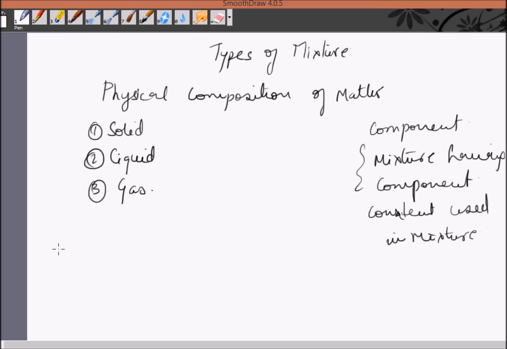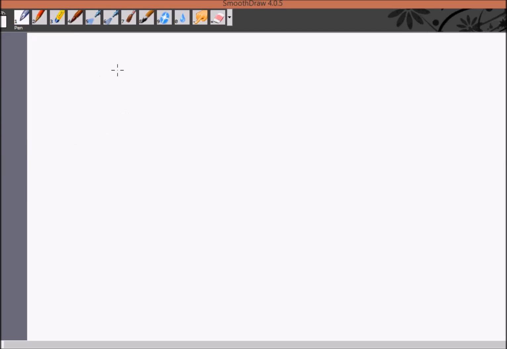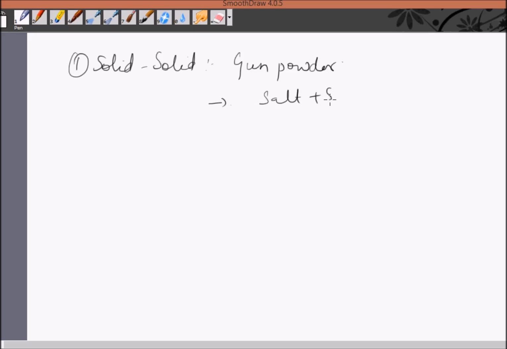So now if we talk about the physical composition of matter with respect to the mixture, we have many combinations which we see in our daily life. First, if we talk about solid in solid, we can have an example of gunpowder, or you can see if we combine salt plus sugar, it is a mixture, that is a solid-solid mixture.